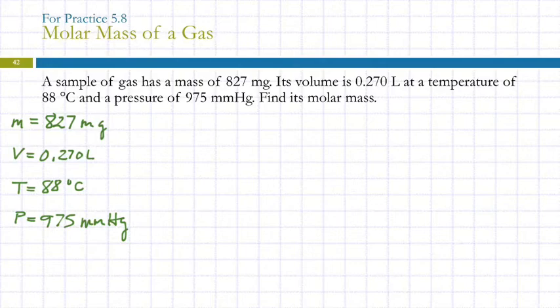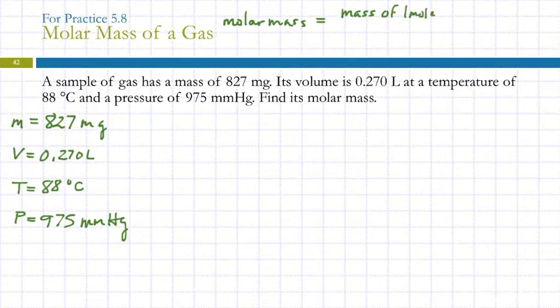And it's saying find the molar mass. So this is where I think, well, what is molar mass? Molar mass is the mass of 1 mole, right? So it's the mass in grams of 1 mole.